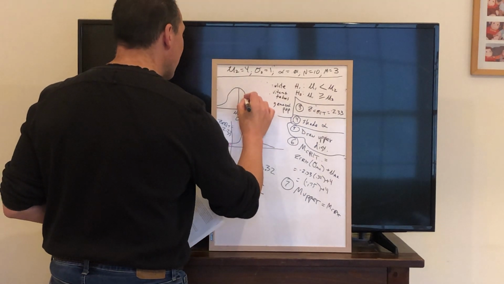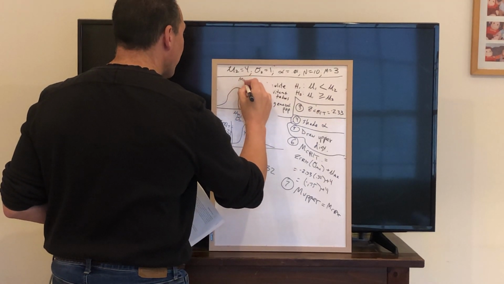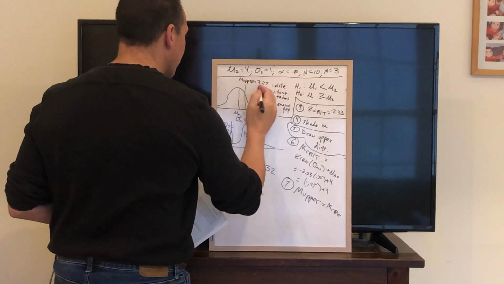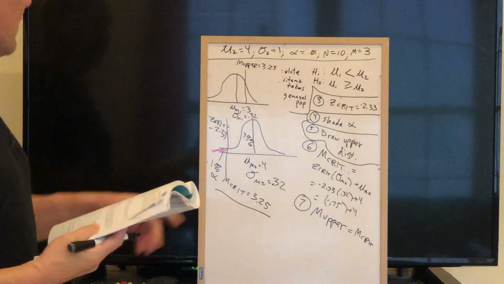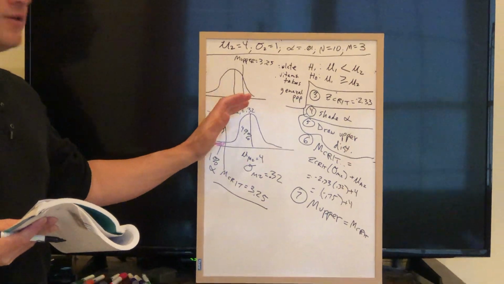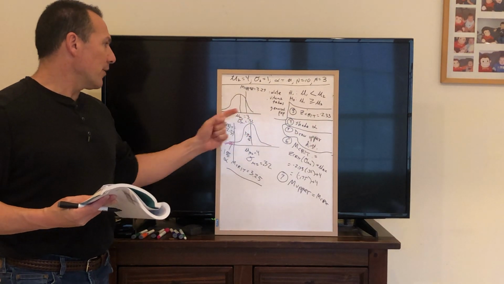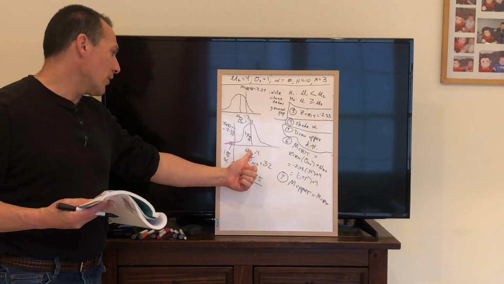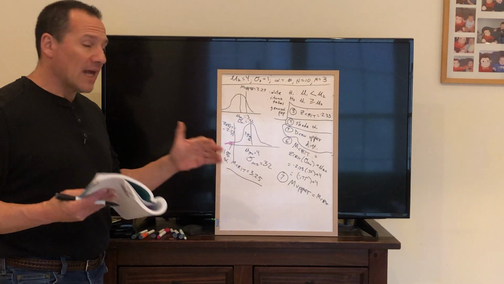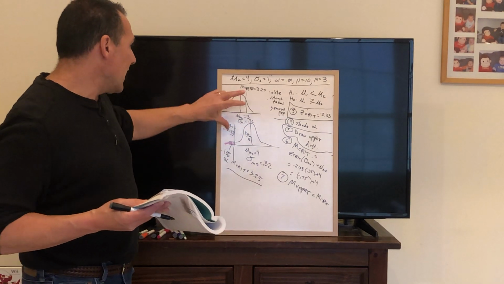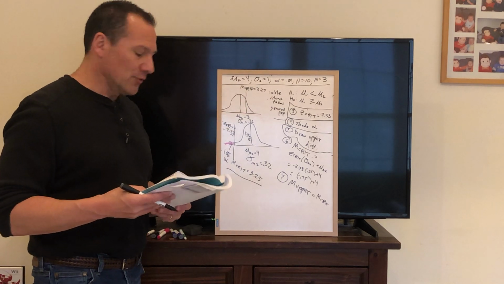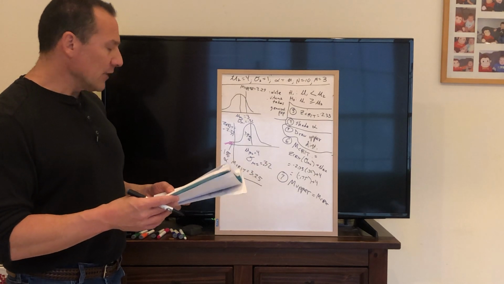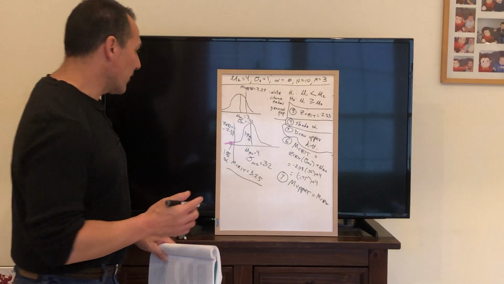I'm going to put it up here, M upper equals 3.25. I have drawn it on that upper distribution relative to the mean of the upper distribution. 3 is over here, 3.25 is over there to the right of it, as opposed to down here, which has a mean of 4, and 3.25 is to the left of it. That's important. I haven't yet joined these worlds of those two distributions, but we're close. The next thing we're going to do is compute what I call Z upper.